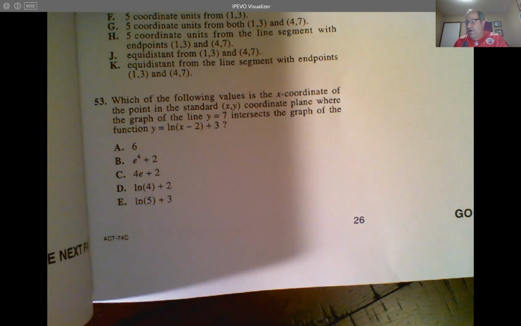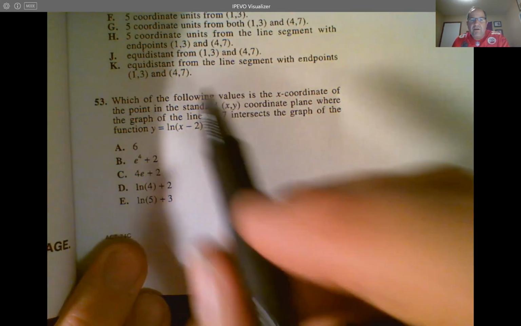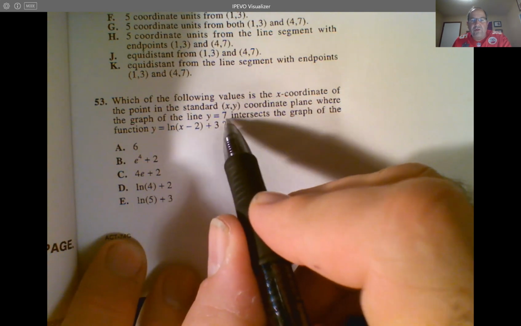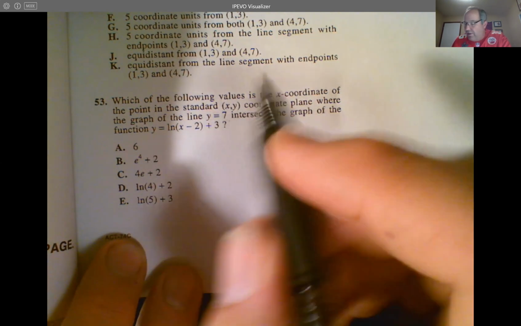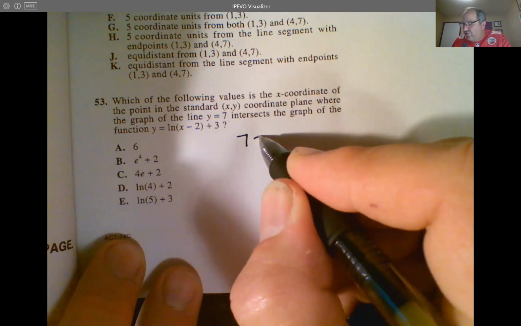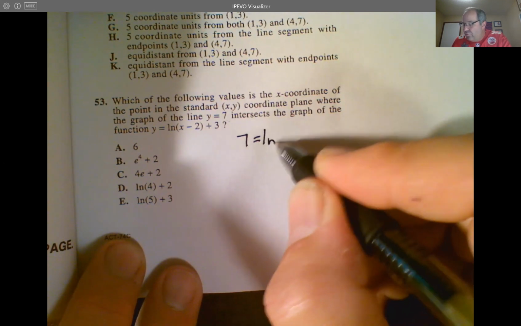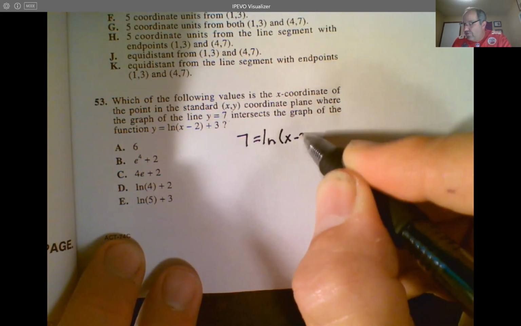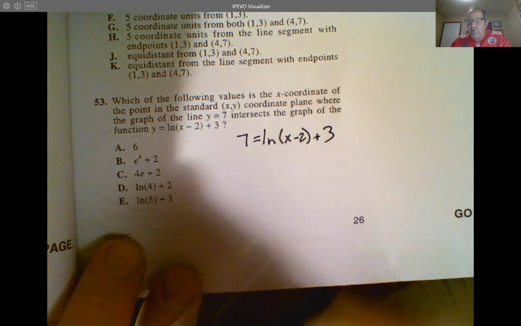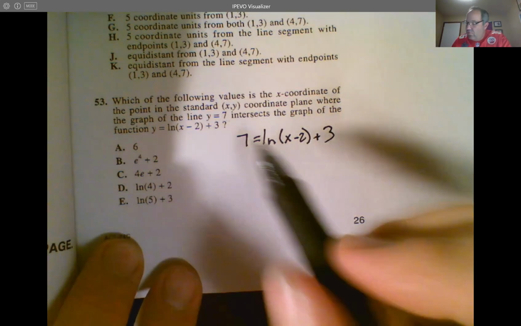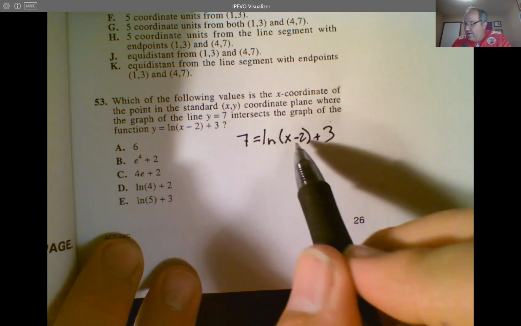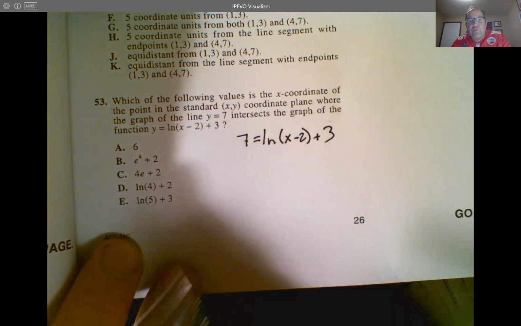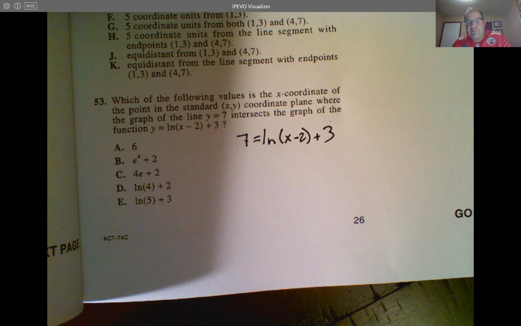I've done the algebra on it, but they want to know when these two lines intersect, right? In other words, when do these two problems equal themselves? That's what they're kind of asking. When does the natural log of x minus 2 plus 3 equal 7? Because when they intersect, that's what happens.